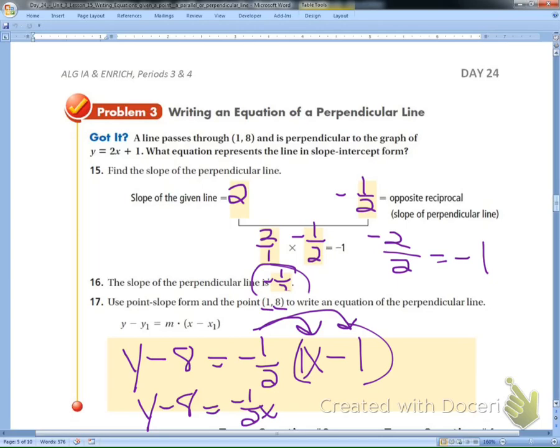Don't make this harder than it is. 1 times anything is just itself. A negative times a negative equals a positive, so it's positive 1/2. The last step you would need to do then is to move that negative 8 to the other side of the equation as a plus 8.